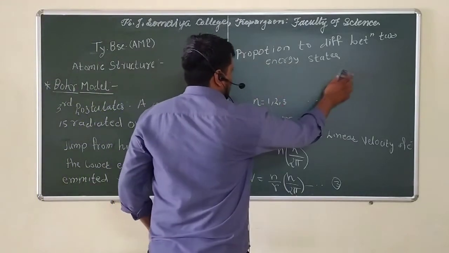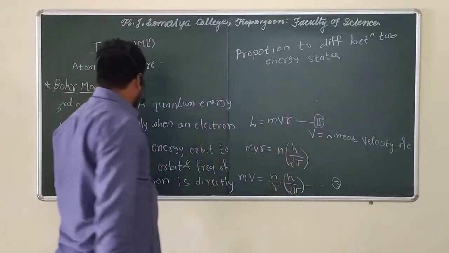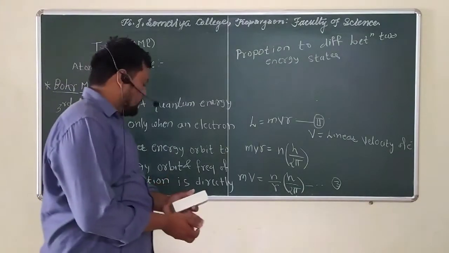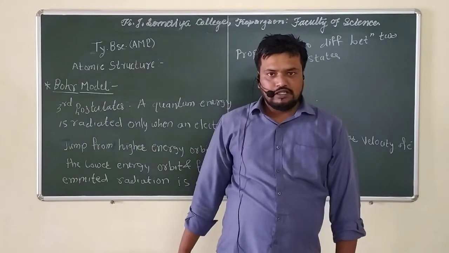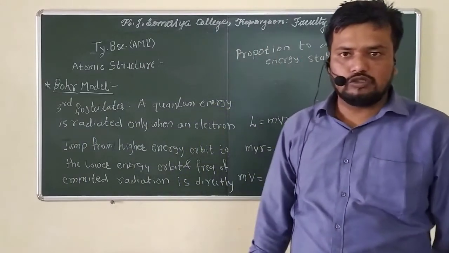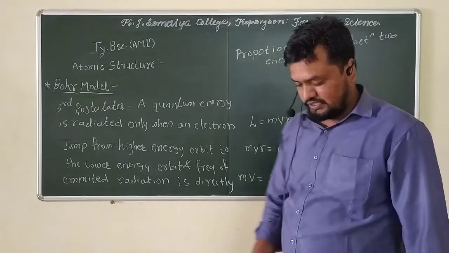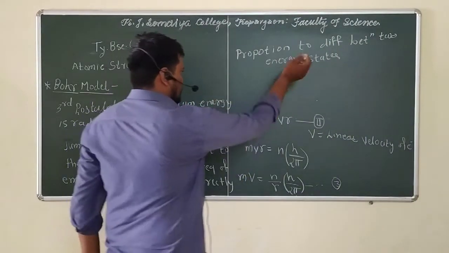So what information do we get from here? A quantum of energy is radiated only when an electron jumps from a higher energy orbit to a lower energy orbit, and the frequency of radiation is directly proportional to the difference between the two energy states.